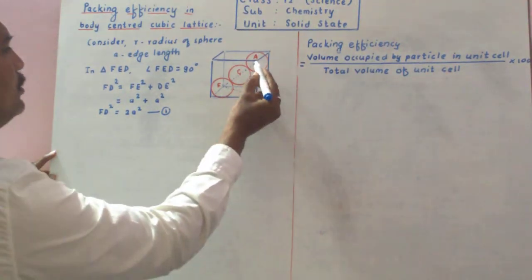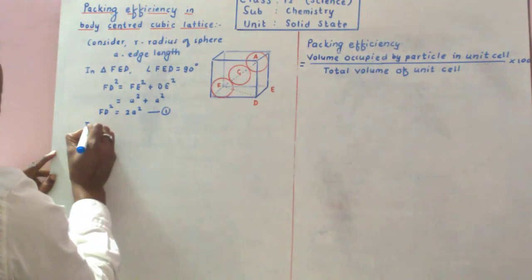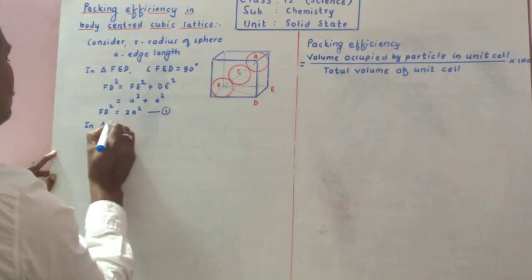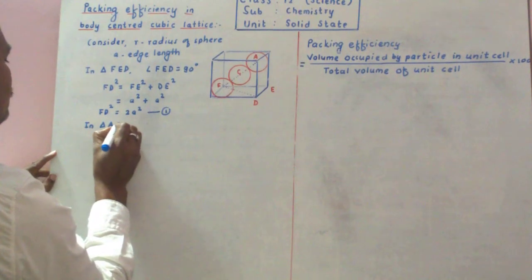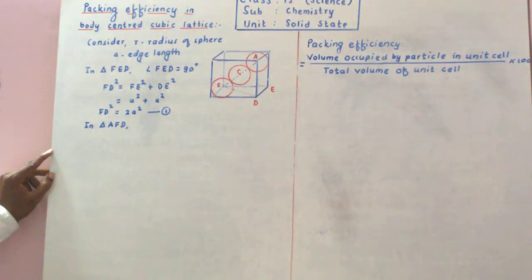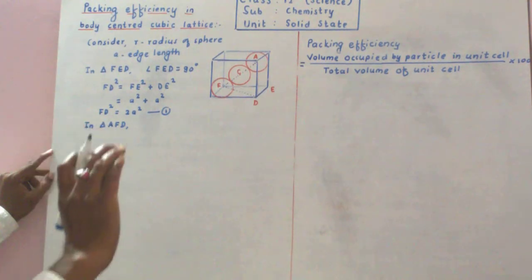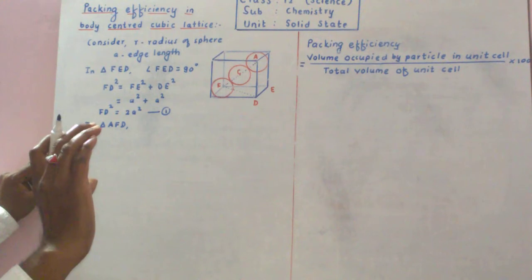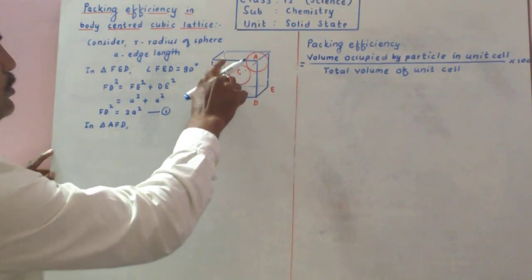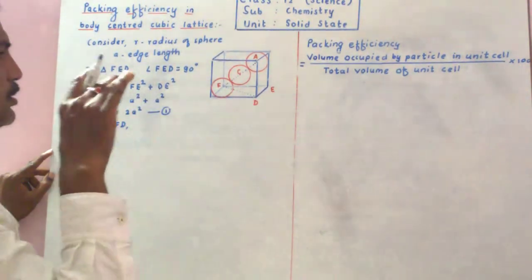Now in triangle AFD, see the corner of one room. So we will find such type of axes x, y and z at that corner.